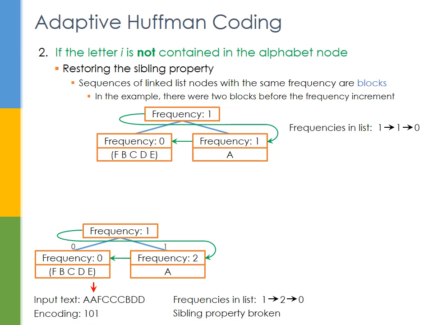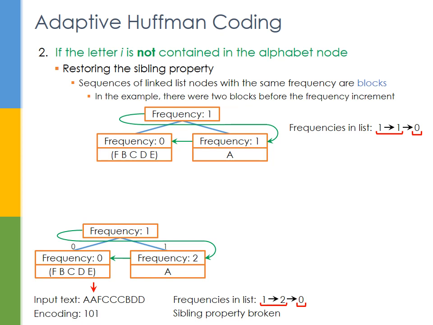So within this list of frequencies, we have two blocks, which I've highlighted over there. There's one block that contains two occurrences of the frequency 1, and one block that contains one occurrence of the frequency 0. Now we'll be working with the blocks prior to an increment to a frequency which we then need to correct.